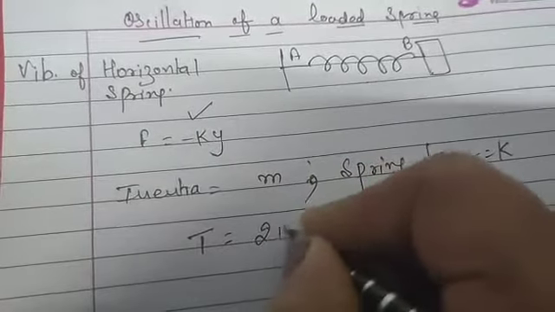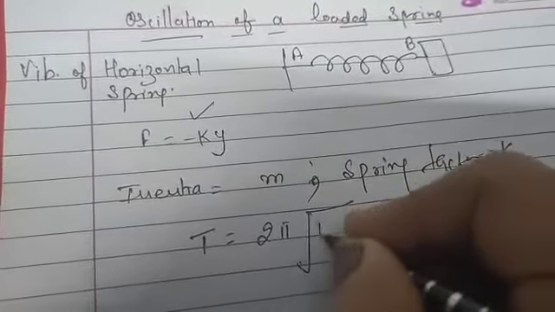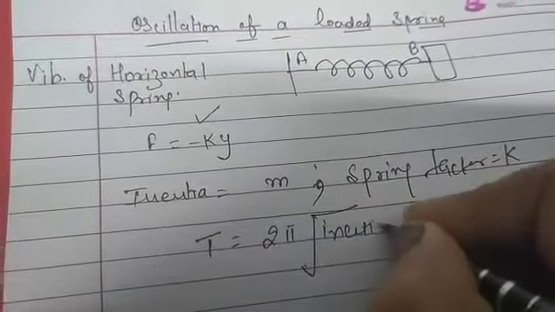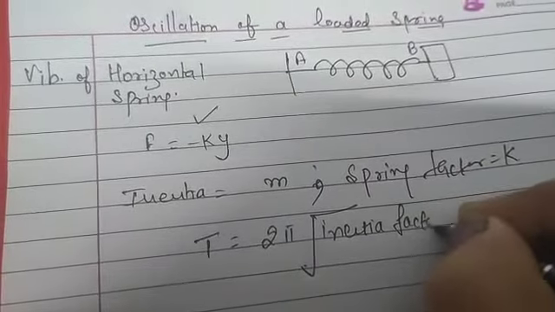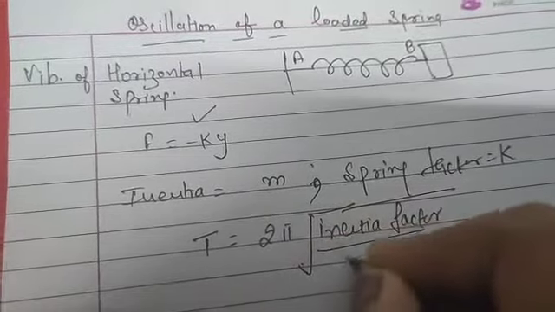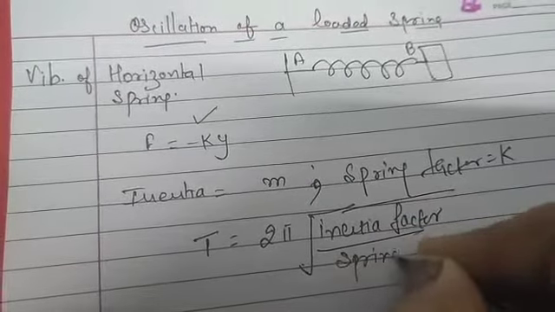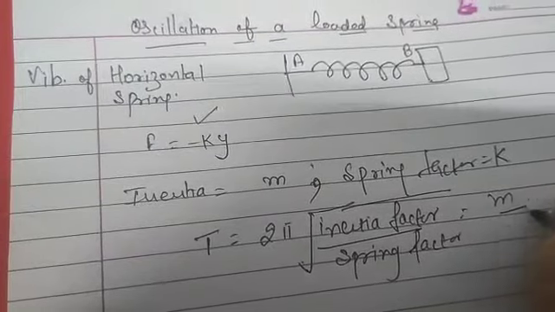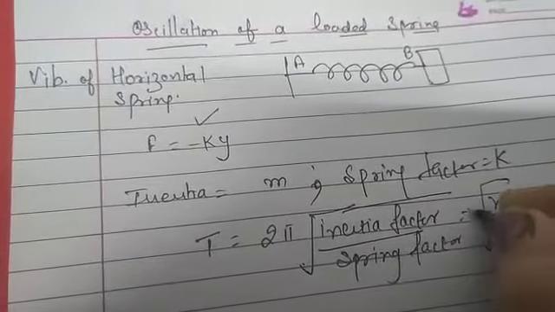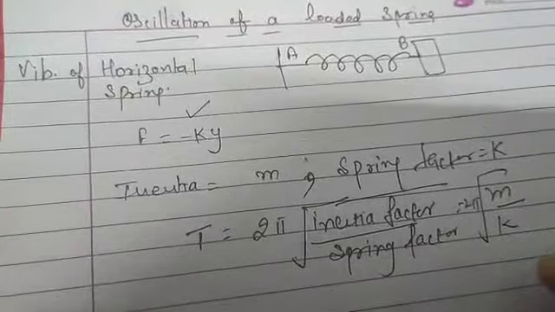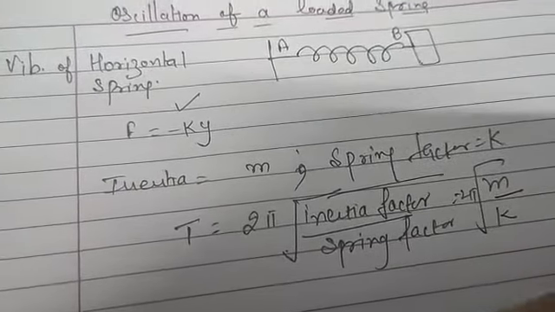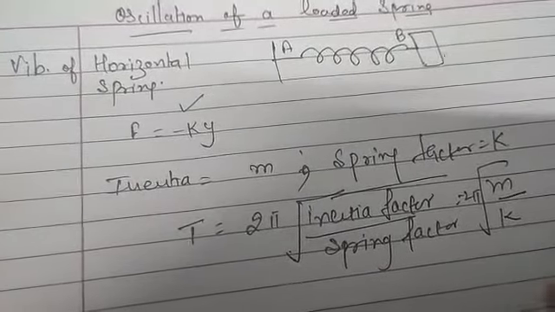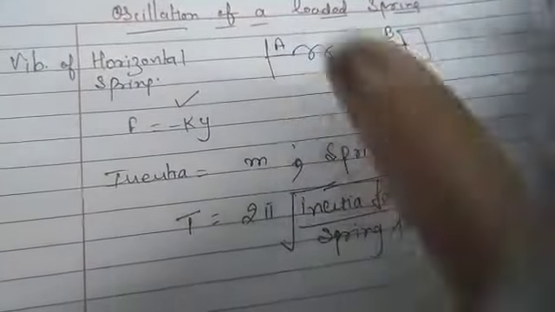So in this case the time period T, which has the formula 2 pi root of inertia factor upon spring factor. So putting this value, inertia factor is m and this is k, T is 2 pi root m upon k. So this is the formula for time period if a spring is oscillating in simple harmonic motion in a horizontal direction.